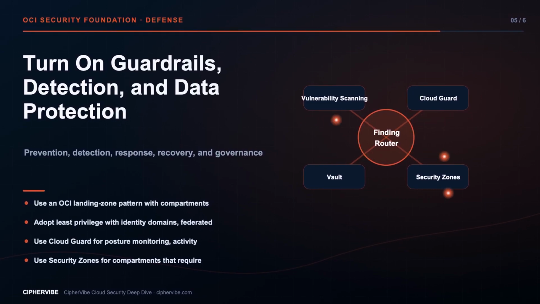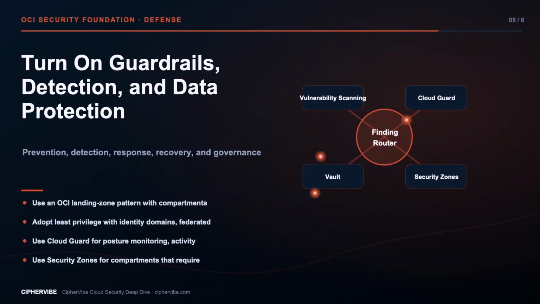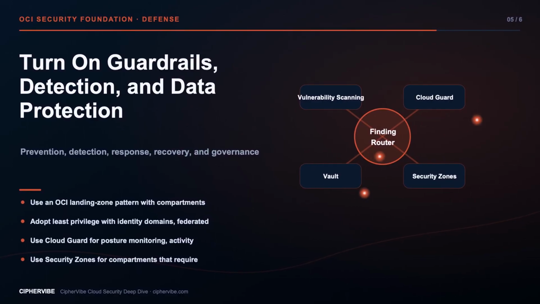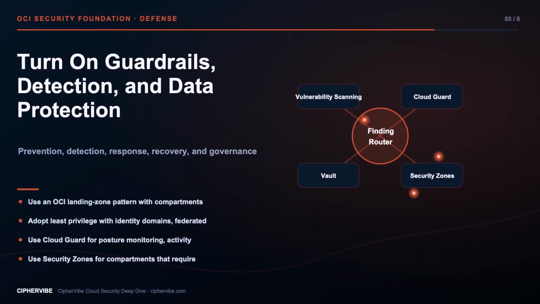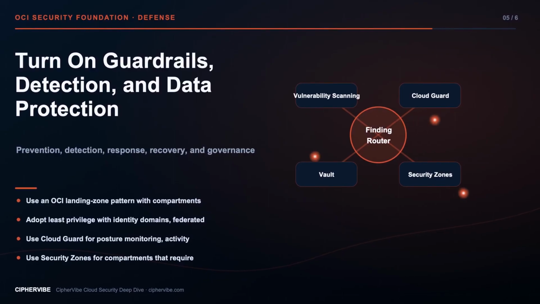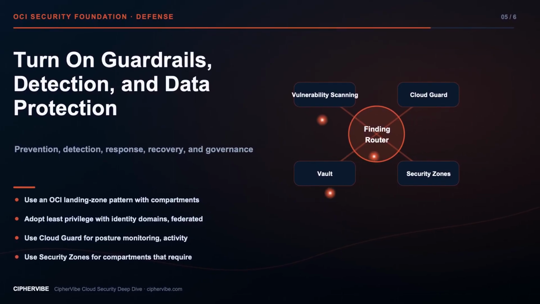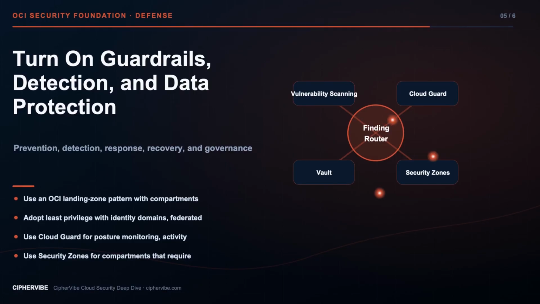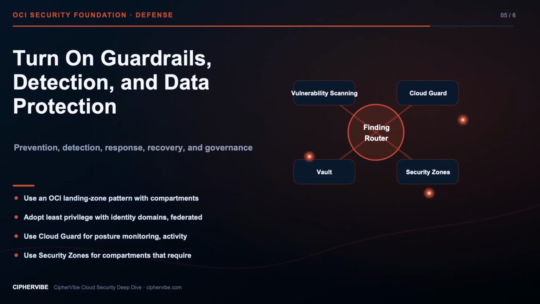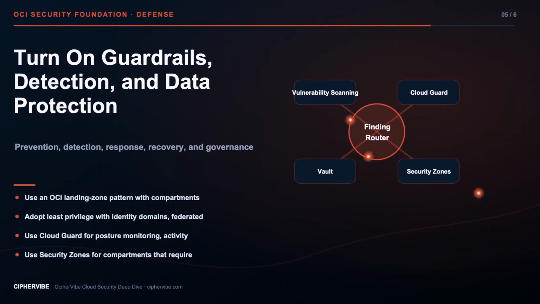Point 7. Harden workloads with vulnerability scanning, OS patching, image scanning where applicable, private subnets, NSGs, WAF or load balancer controls, bastion patterns, database security features, infrastructure as code review, and deployment identity scoping.